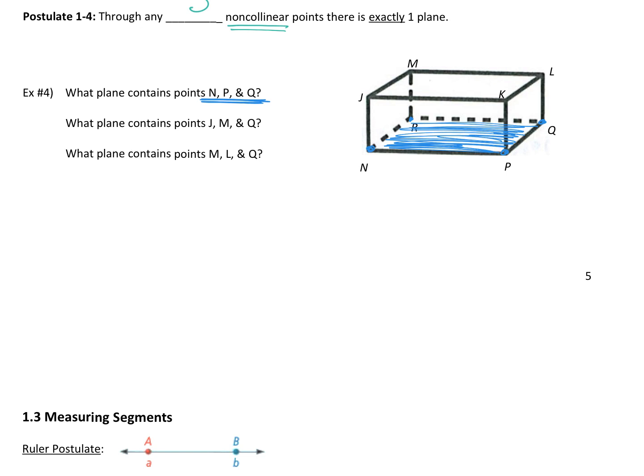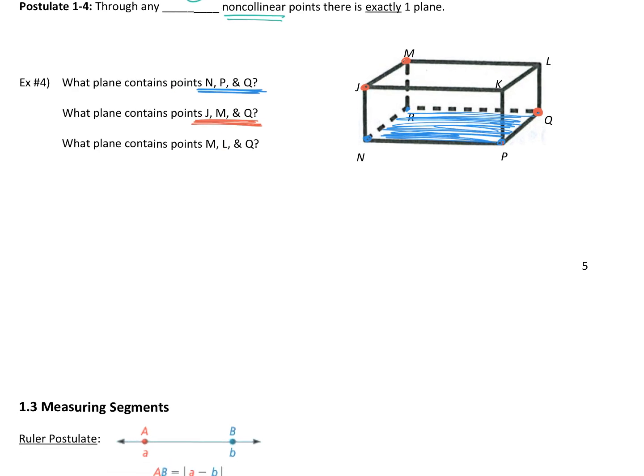Okay, this one's a little bit fancier. J, M, and Q. So here's J, here's M, here's Q. What's the 4th point that would go well with those 3? P, right? This right here.